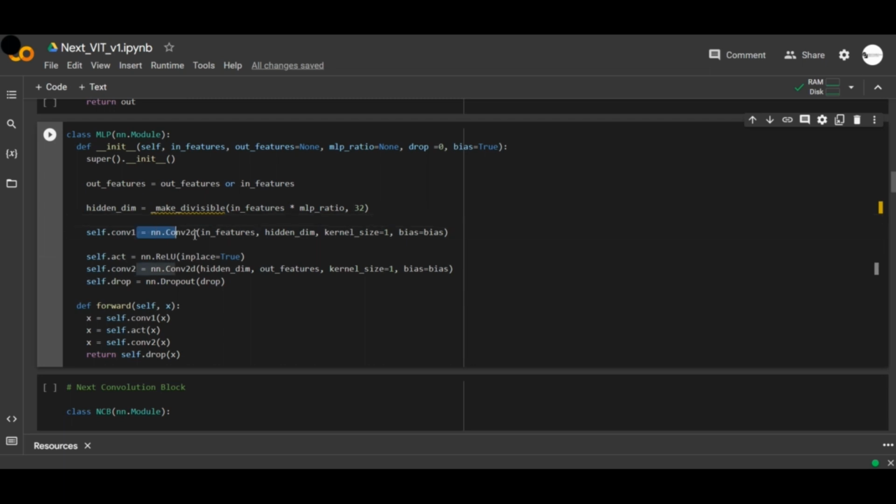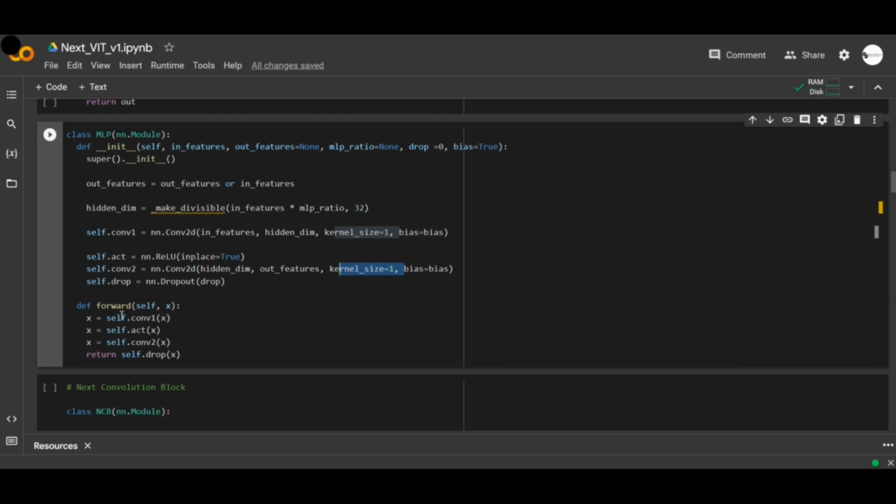Then we transform the input into a higher dimension to increase the expressive power of the model. Then we apply the ReLU activation function. Then we bring this activation here. Here we can see that we transform the hidden features to a lower dimension with this 1x1 convolution.